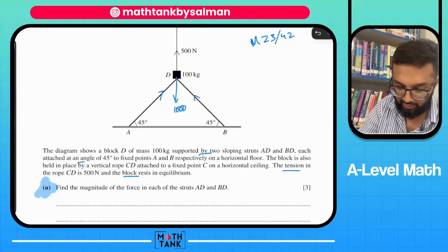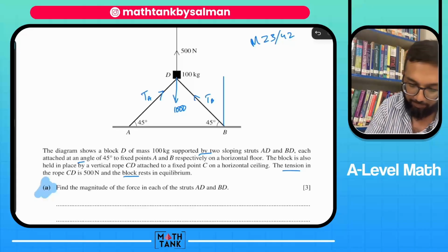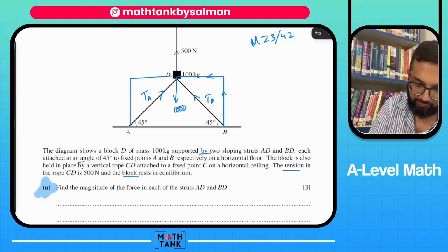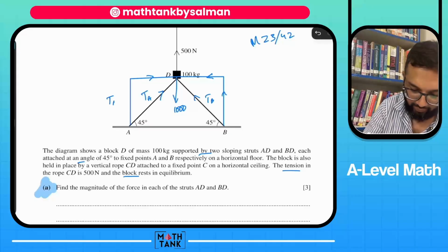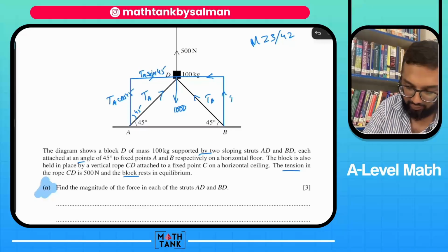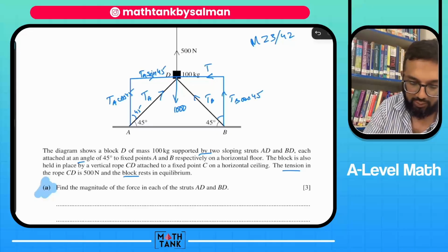Okay, that is my hint कि भाई इसको इस तरह सॉल्व करना है। तो ये T_A है, ये T_B है, इनको अपवर्ड्स रिजॉल्व करेंगे। तो T_A cos 45, T_A sin 45, T_B cos 45 and T_B sin 45.